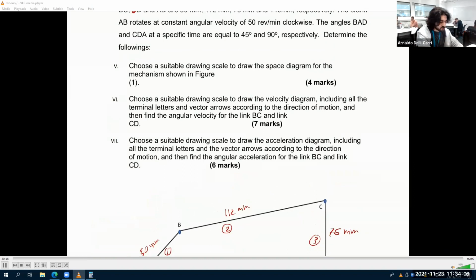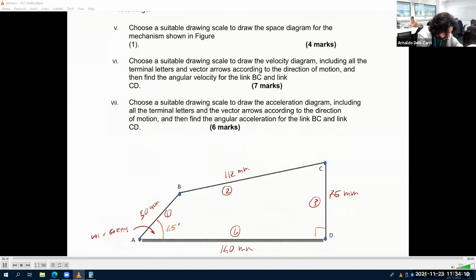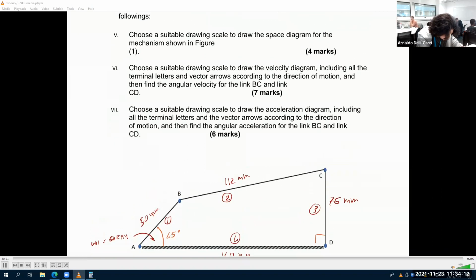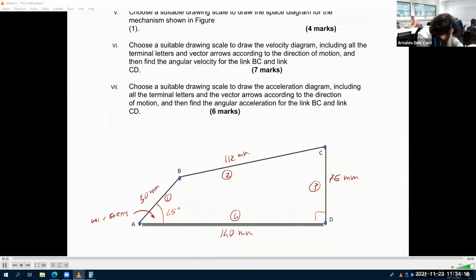Choose a suitable drawing scale to draw the space diagram for the mechanism shown in the figure, which is already here. Draw the velocity diagram. This is the important part. Draw the velocity diagram, including all terminal letters and vector arrows according to the direction of motion, and then find the angular velocity for link BC and link CD.